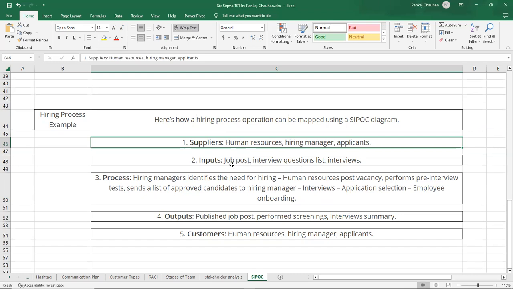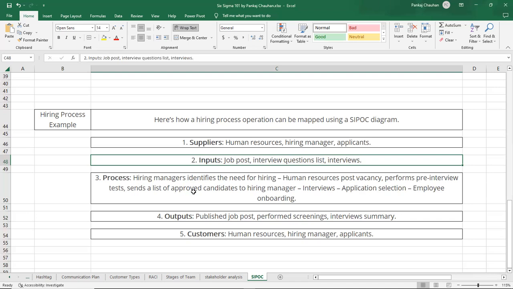The hiring manager is asking you for the interview questions or the list of questions, and the basic screening and the interviews are supplied by the applicant. Now, what is the process we follow in hiring? The hiring manager first identifies the need for the hiring. Then the second step will be they pass the need for the hiring on, and the HR will post the vacancy.